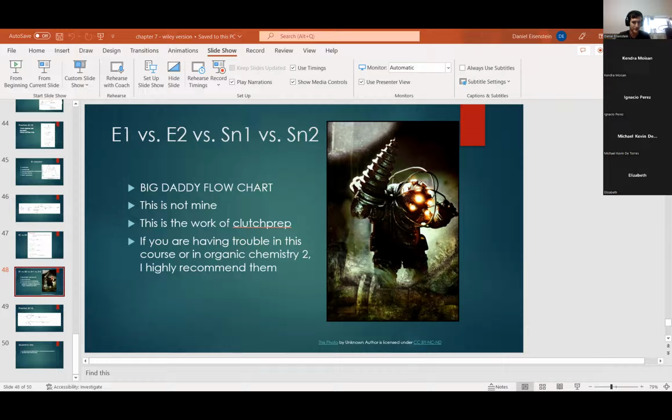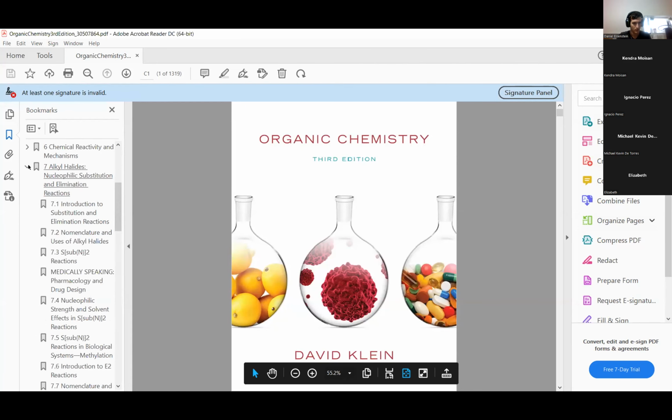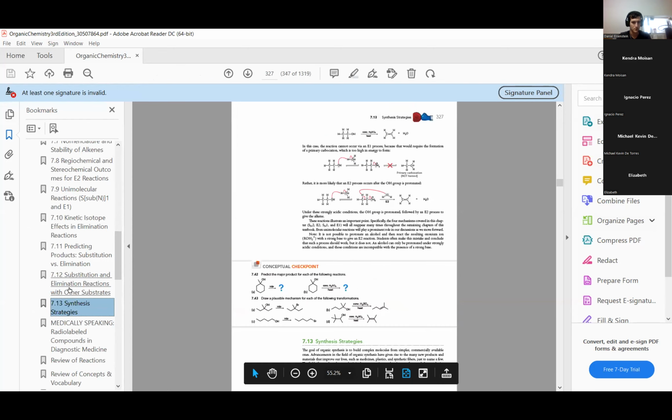If your base is OH, you can use water as a solvent to kind of help. But in general, no. You don't want a polar protic solvent and a strong base together.